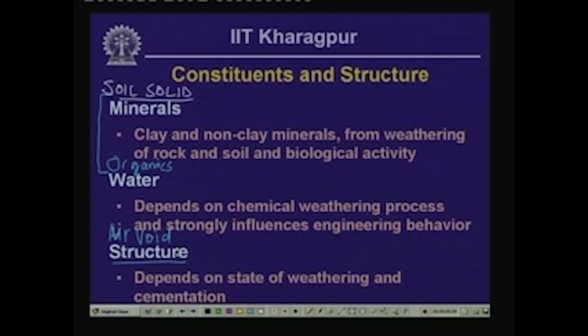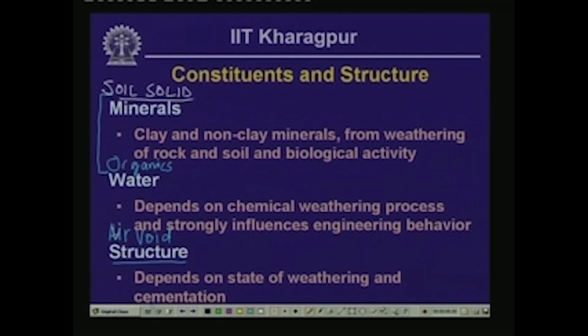And the structure that develops strongly depends on the state of weathering, cementation, and the characteristics of pore fluid, in addition to the mineral grains or organics or soil solids that the soil mass is composed of.